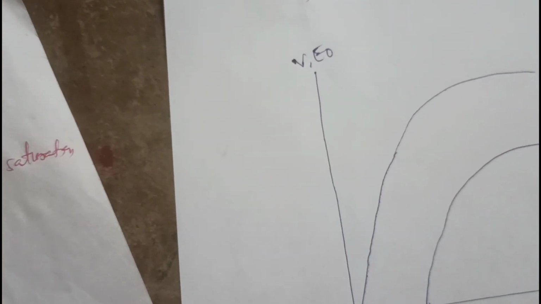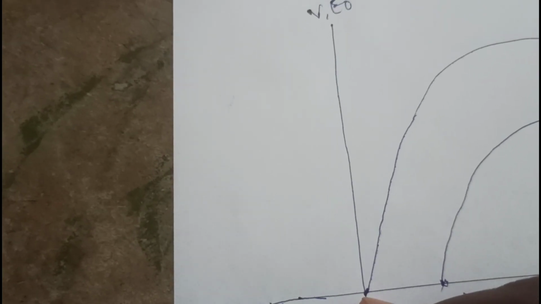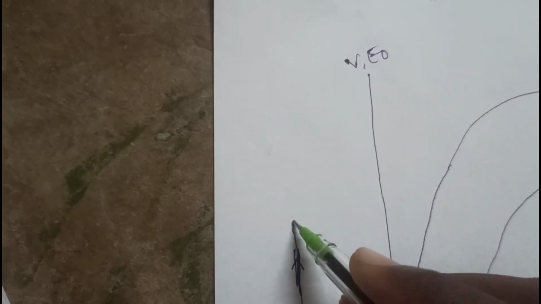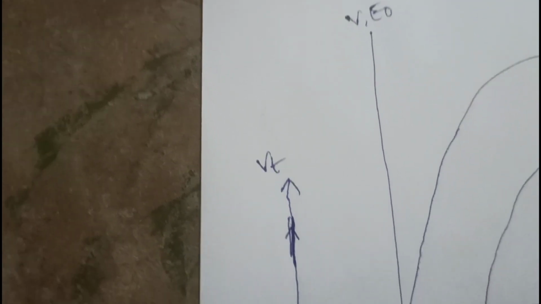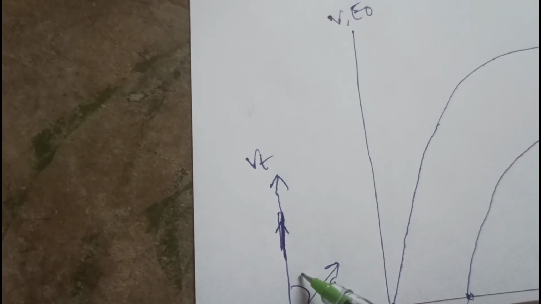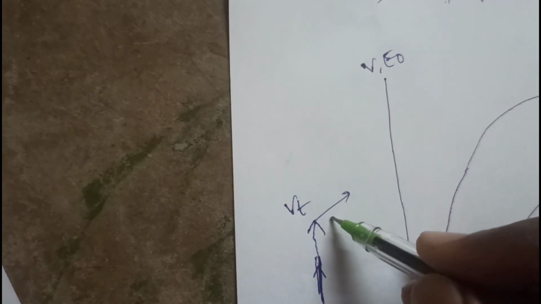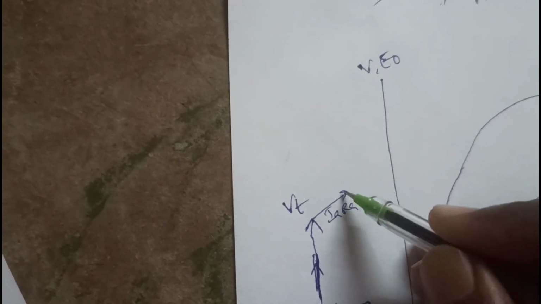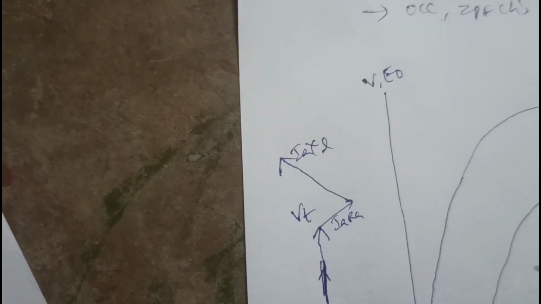Next, the vector diagram. From the vector diagram, this is the terminal voltage V. Here V lags I at an angle phi. After that we consider the IA RA drop, next the IA XL drop.